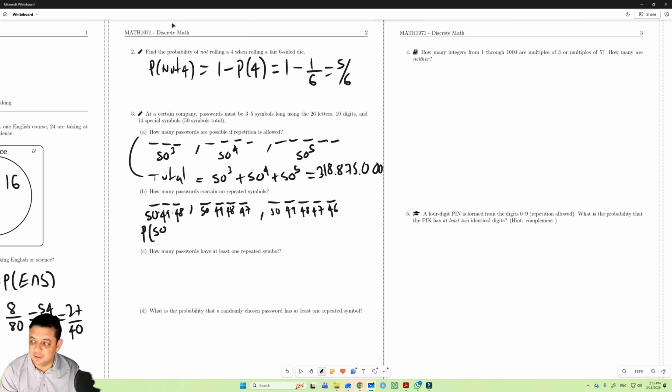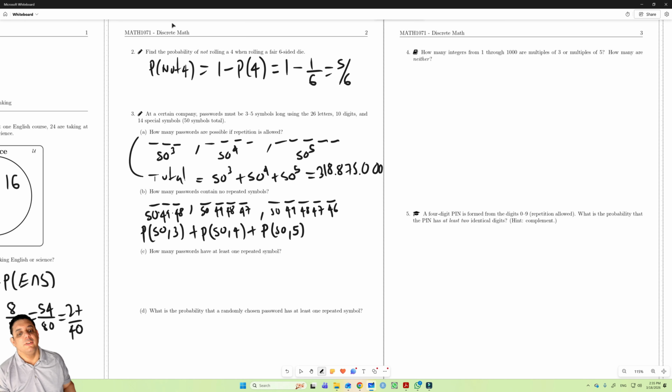You can also think of this as how many permutations you're getting out of 50 with 3, plus how many permutations you're getting from 50 out of 4, plus permuting 5 in 50 symbols. So that's the 2 ways that you can go about this, by the multiplication principle, each of these pieces.